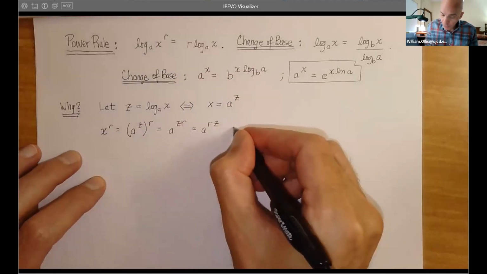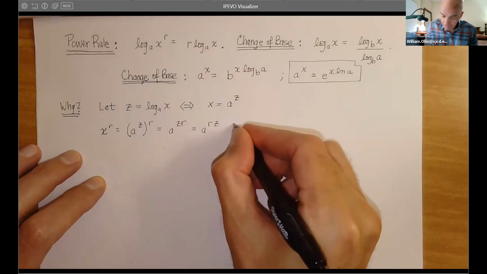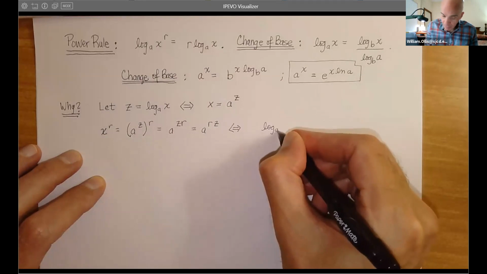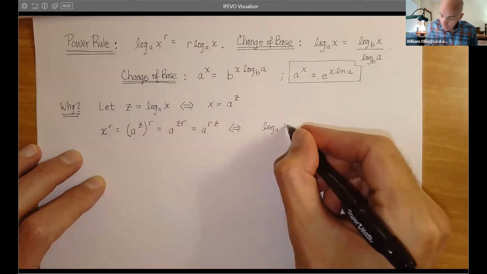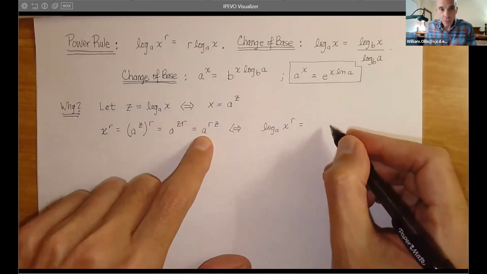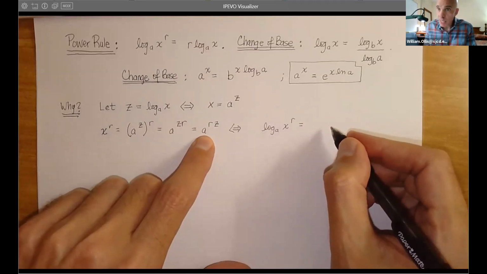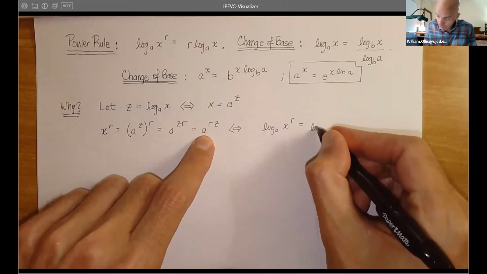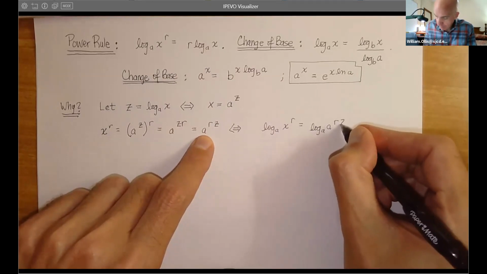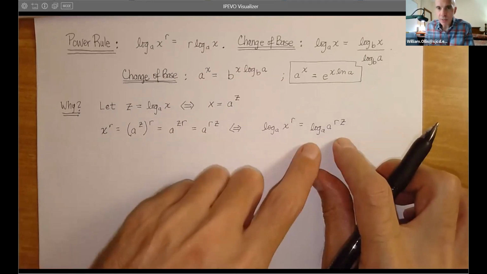So now, equivalently, the base a logarithm of x to the r will just be the base a logarithm of this exponential term. But now this is like what we did last time.